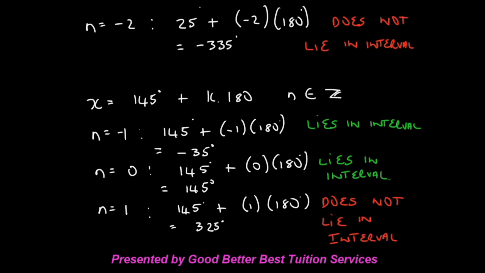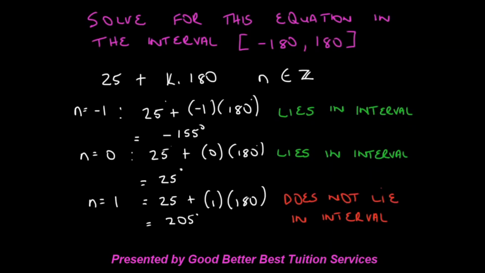We see that the first one, negative 1, lies in the interval, 0 lies in the interval, but when we substitute positive 1, it does not lie in the interval. So what are my solutions? My solutions are x is equal to negative 35, x is equal to 145, and then on the previous page, we have x is equal to negative 155 degrees and x is equal to 25 degrees.